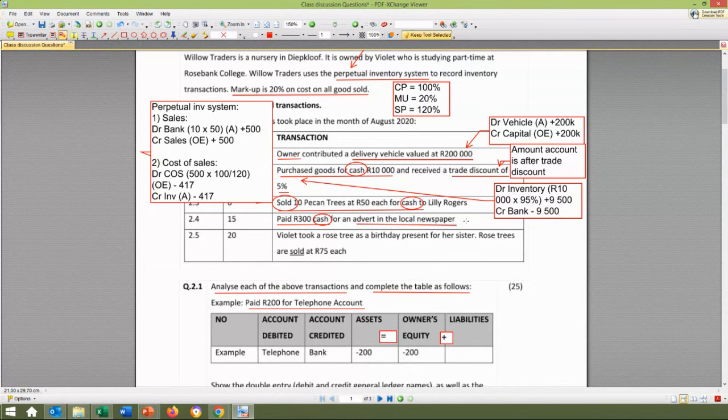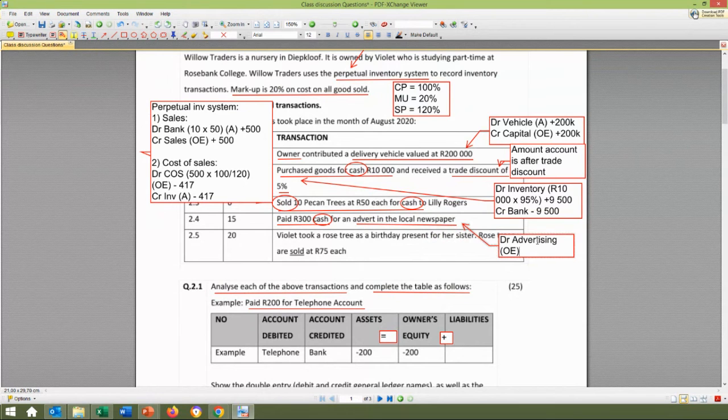So the first entry that we will have is we are going to debit the expense account, but now we have to determine what the expense account is. The expense account is for advertising. This forms part of owner's equity.